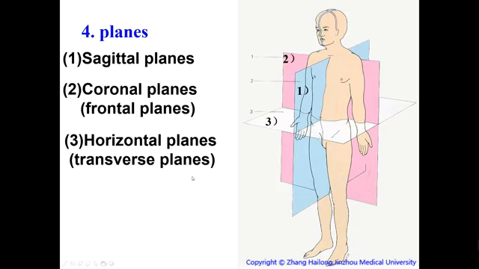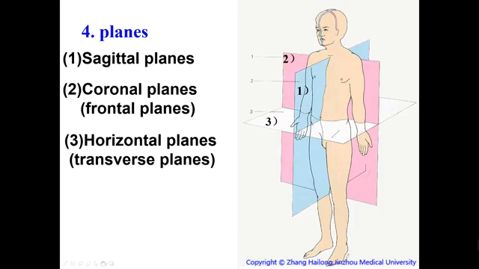And what's the use of the three planes? In future we'll study many organs, for example the heart. In different directions, you see the heart differently. For example, when you see it from the front, from the back, from superior, posterior, inferior, it's different. So we name some different planes for this.